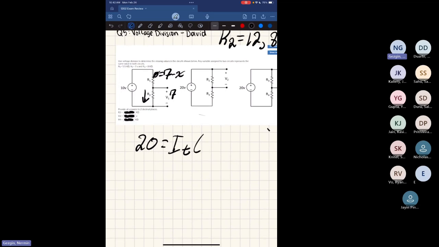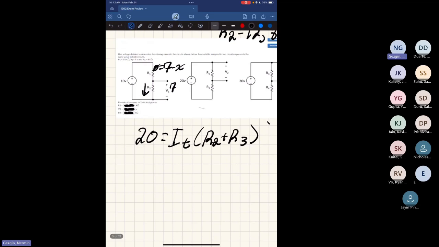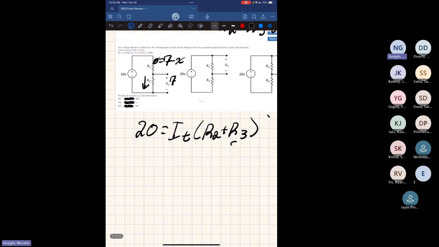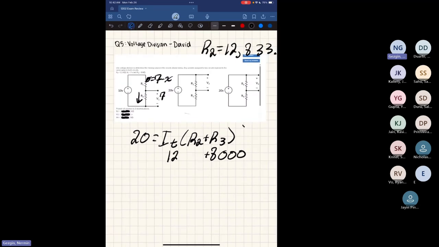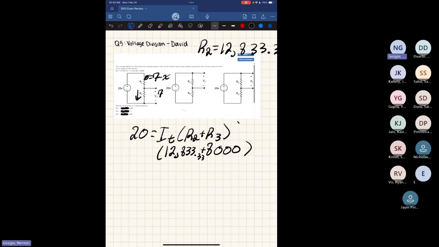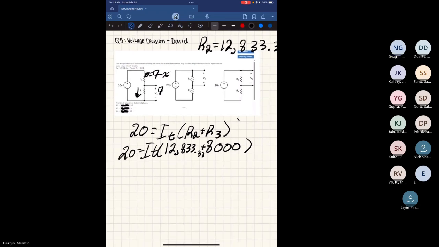So what we're going to do is just add R2 and R3, and R3 is given as 8 kilo ohms, plus the value of R2, times total current equals 20.